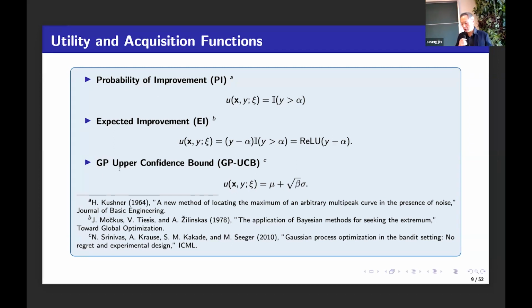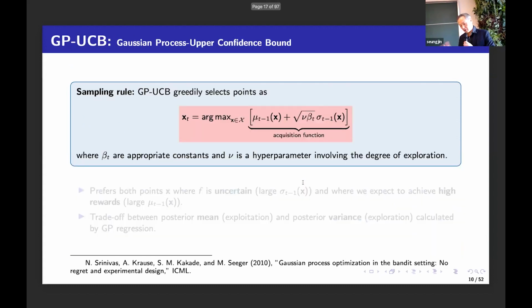And also the GP version of the upper confidence bound is the sum of the posterior mean and the scaled posterior standard deviation. For instance, in GP-UCB, we construct the Gaussian process regression as the surrogate model, and then we have to choose some candidate. The sampling rule is that we would like to select the point X whose posterior mean is large and whose posterior variance is also large.